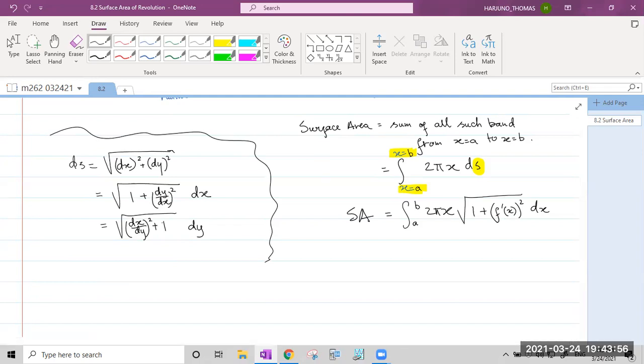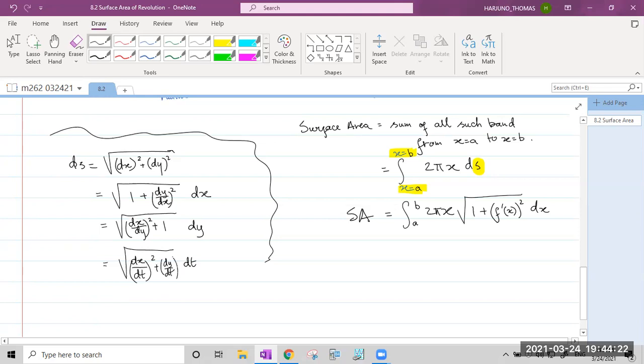So instead of factoring dx out, you factor dy out. And in the next chapter, chapter 10, as I remember, you will have parametric curves, where you factor dt out. x is a function of time t, y is also a function of time t. All of this actually comes from here, and it has 3 different variations.